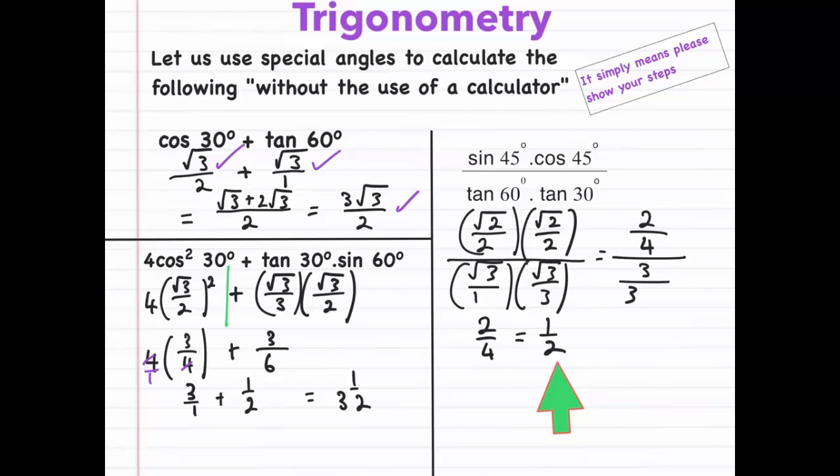And you are done. But please remember, for special angles, you get a mark for that, a mark for that, a mark for that, and for your final answer, because you have to be able to show that you know these are special angles. And you don't need to know your triangles, because you can just get it on your calculator as long as you show it.